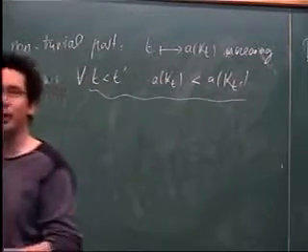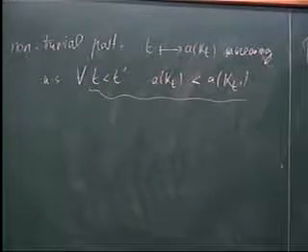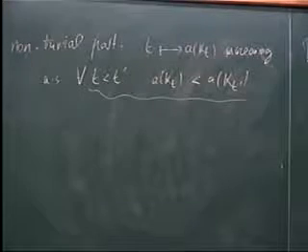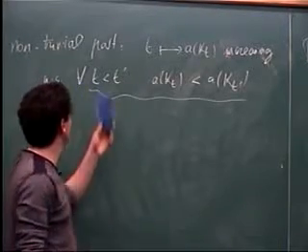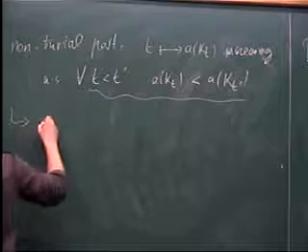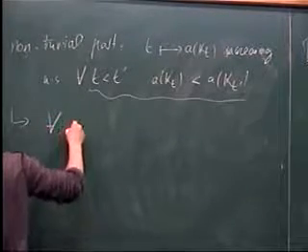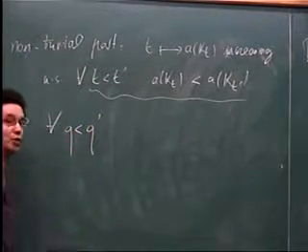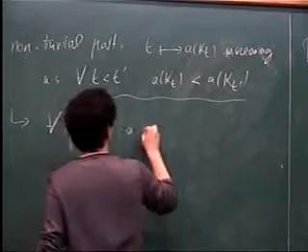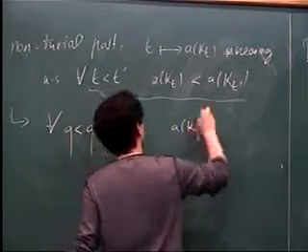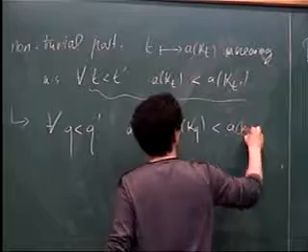Okay? And because we know it's non-decreasing anyway, it is enough to show that for any two rational numbers q and q prime, almost surely A of kq is strictly smaller than A of kq prime.